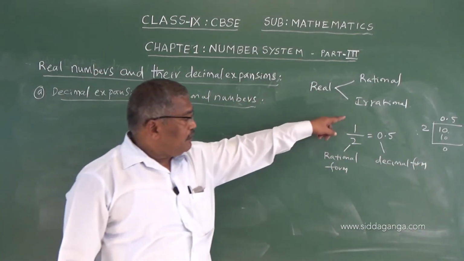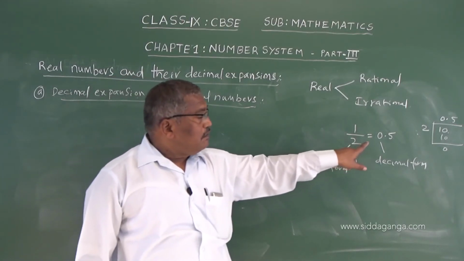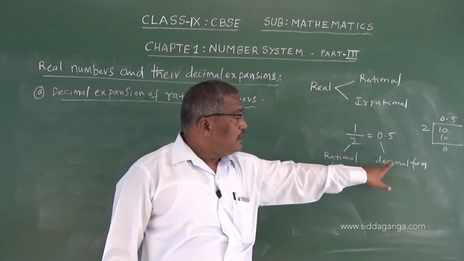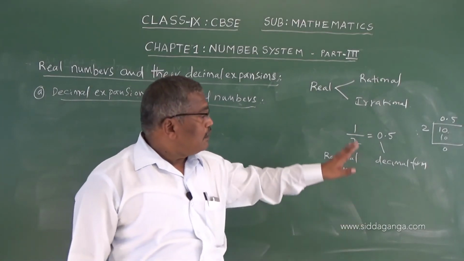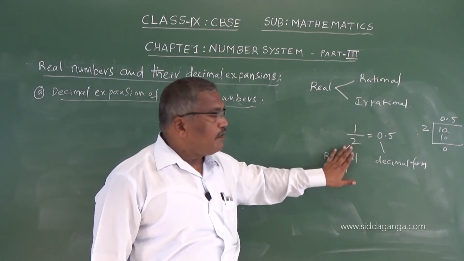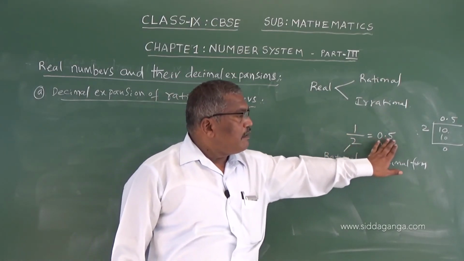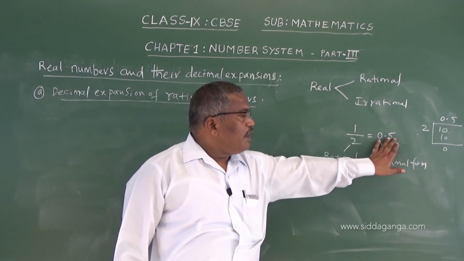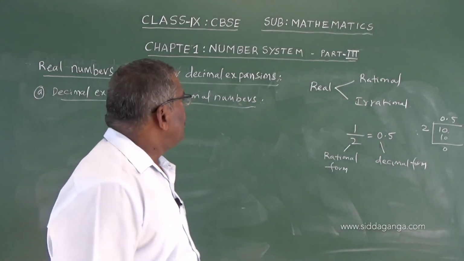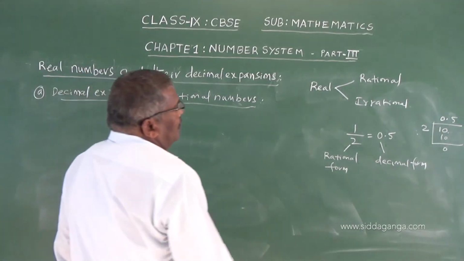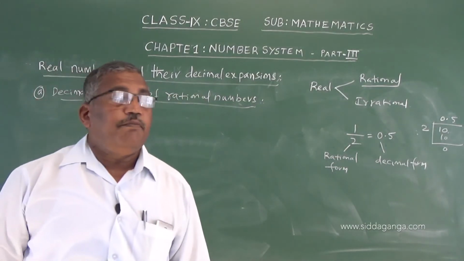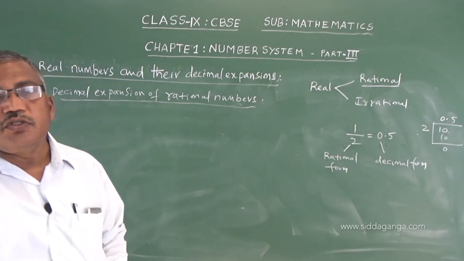Whenever a number is given in the rational form, we can convert it into decimal form by dividing, and when it is given in the decimal form, we can convert it into rational form. The 1 by 2 is known as the rational form because it is in the form of p by q, and this is in the form of 0.5, so we call it a decimal form. Now the decimal expansions of rational numbers, how do they behave, that we are going to study here.